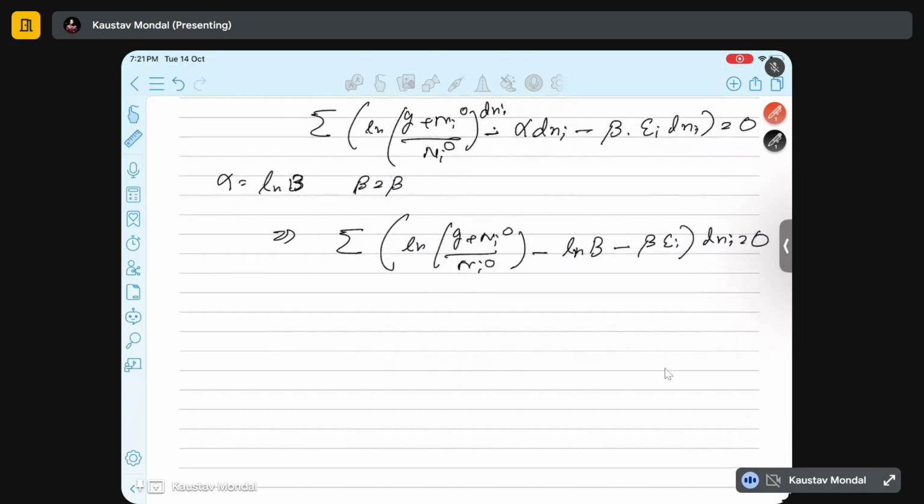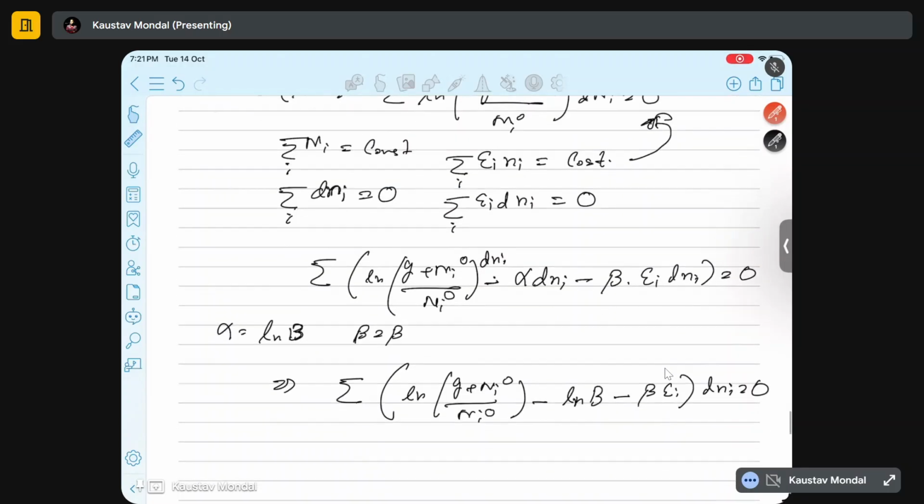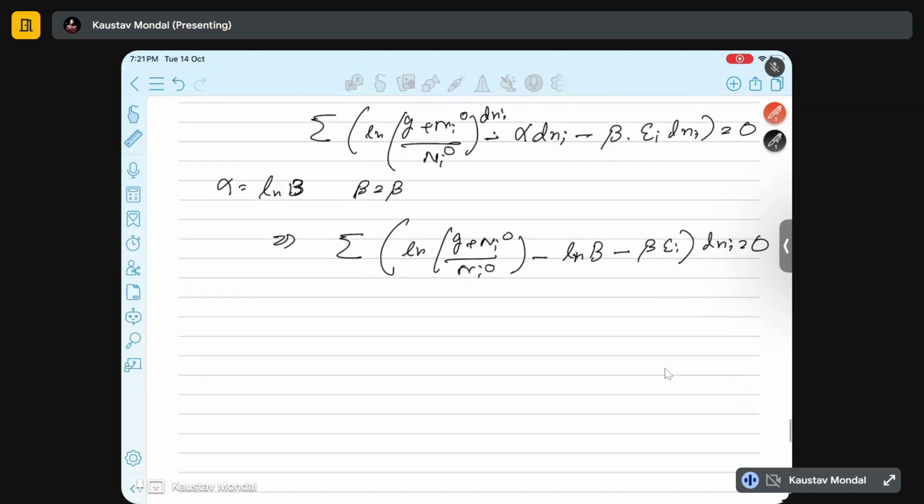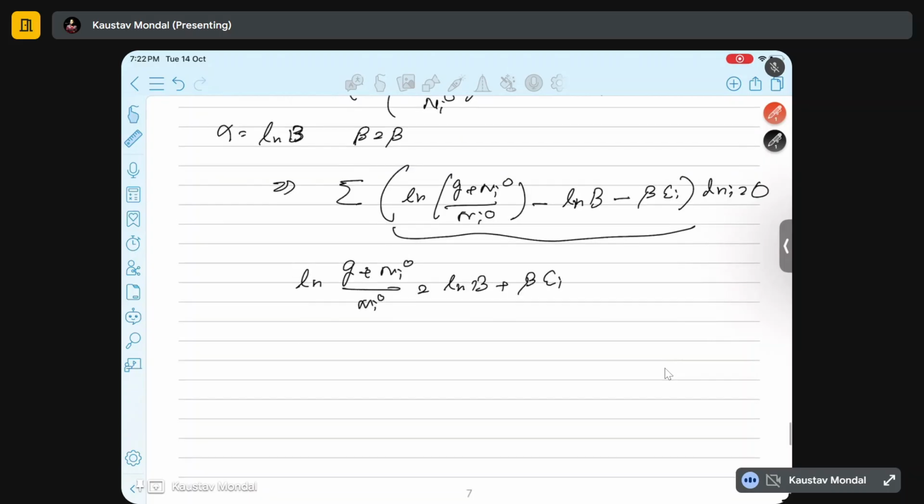Now the dNi cannot be equal to 0, so the only thing that can be equal to 0 is this bracket. That means ln of (g plus Ni0) over Ni0 equal to ln b plus beta ei. So from here, Ni0 by g equal to 1 by (b e to the power beta ei minus 1).